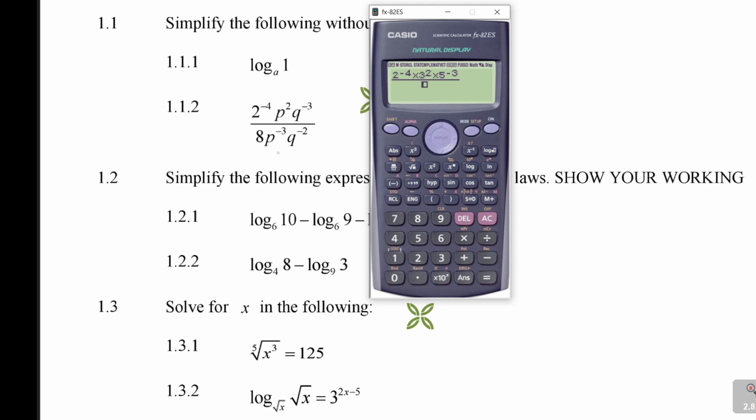Please tell me if I'm missing things here. 8 times p, which was 3 to the power of negative 3, and then we multiply by q, which is 5 to the power of negative 2. Then we see if it will give us something similar. I think that's the number we got, 243 over 640 or 0.379.